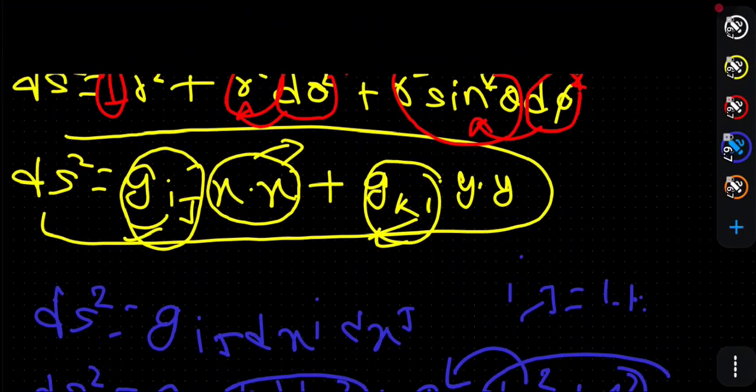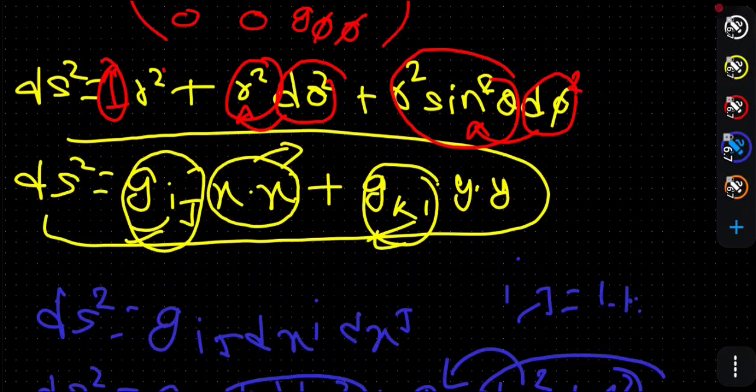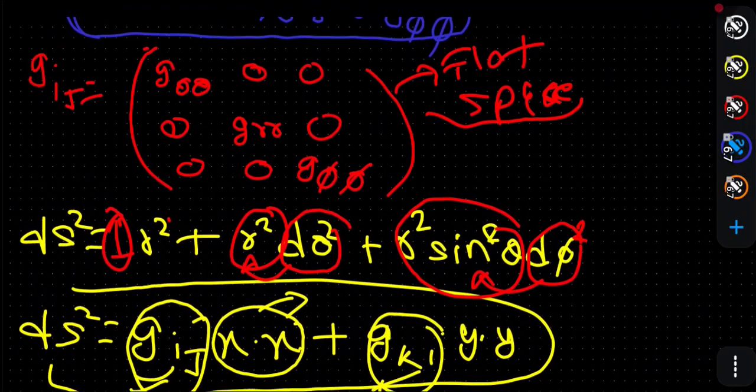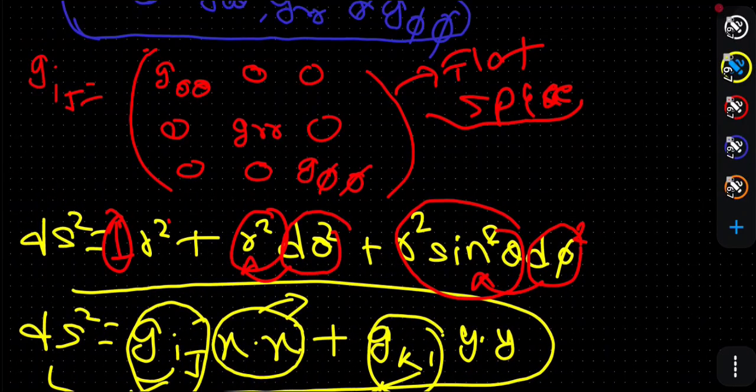And you will see this is similar to the differential we derived in polar coordinates in flat space: d phi square has a coefficient of r square sine square theta, d theta square has a coefficient r square, and dr square has a coefficient of 1. It means our three non-zero metric tensor components are these values.